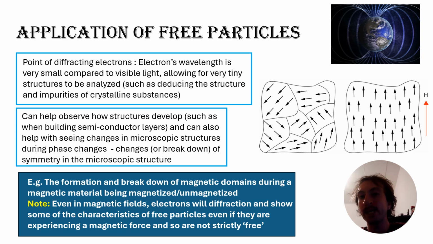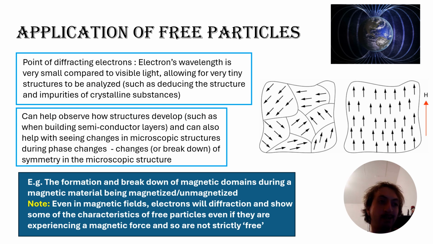So, the idea of particles diffracting might sound rather abstract, it might sound like it doesn't have many applications, but, as with everything in physics, although the maths might be for its own sake beautiful and intriguing and in many cases bizarre, it is incredibly useful to understand the physical world around us, and you can use particle diffraction of subatomic particles to understand things like geomagnets and the formation of magnetic fields for planets and how planets can gain or lose their magnetic fields.